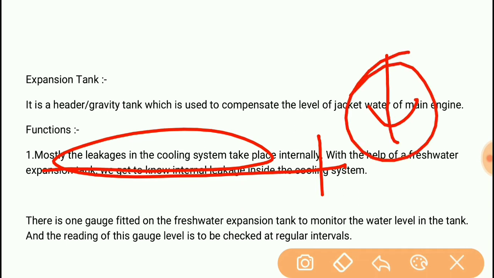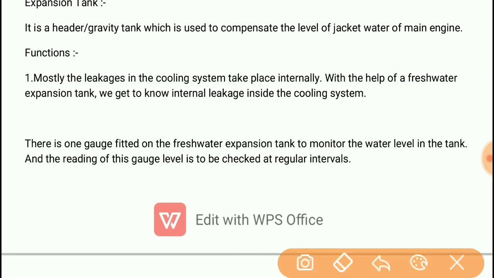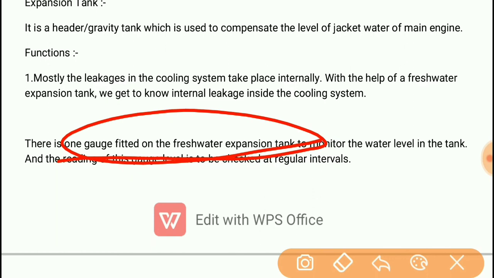How can we know it? There is one gauge fitted on the freshwater expansion tank. If the level increases or decreases due to leakage or something else, we can know easily. The watchkeeper will check the gauge glass during their watch.